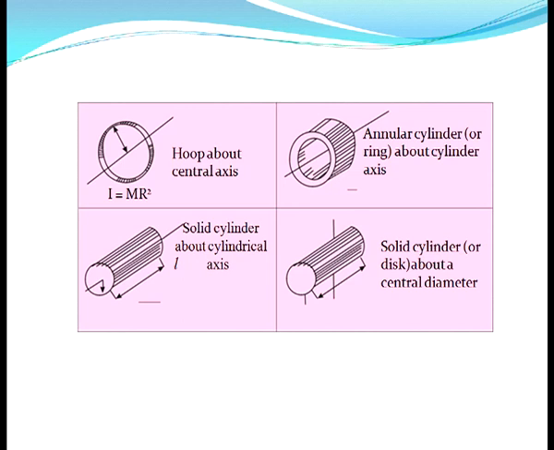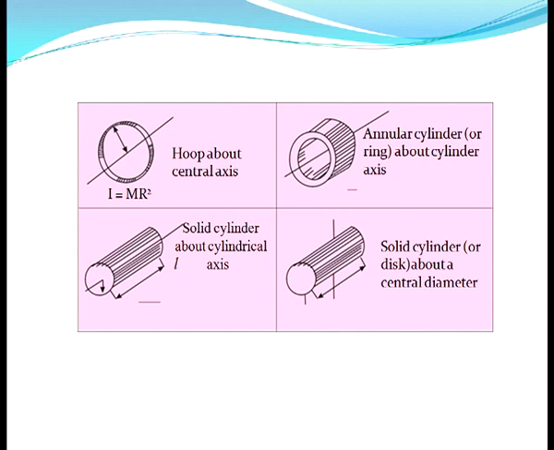Then we have an example of a solid cylindrical object in which the cylindrical axis is taken as the rotational axis about which we calculate the moment of inertia, and the value comes out to be I = mr²/2.